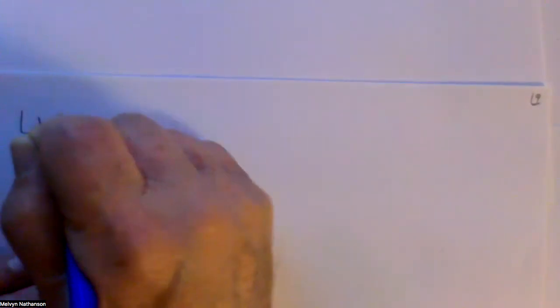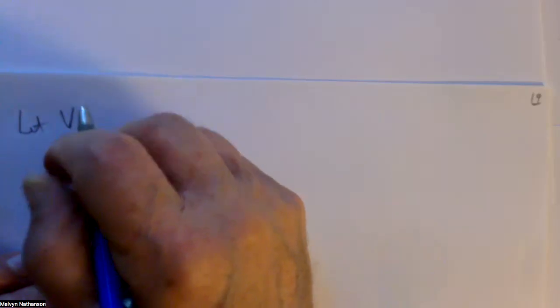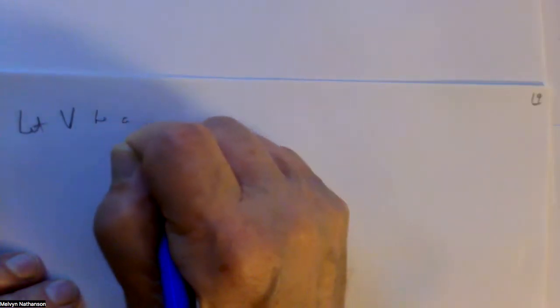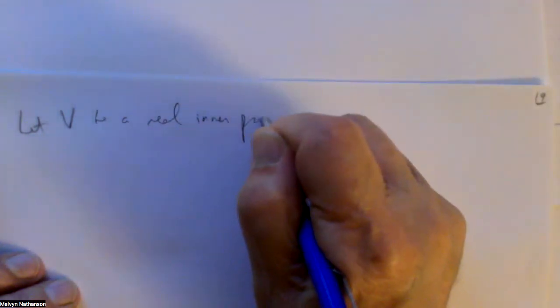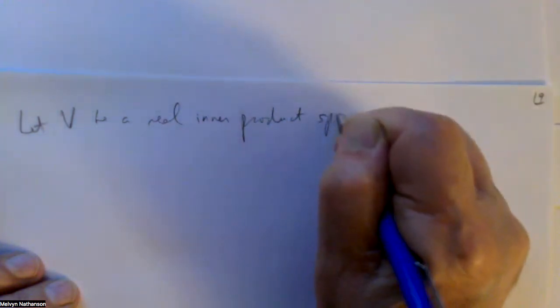So let V be a real inner product space. That means it's a vector space over the real numbers with an inner product.